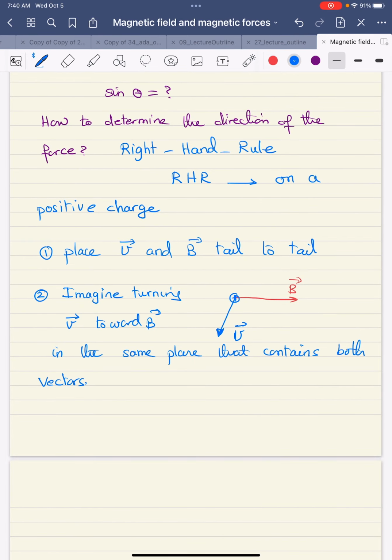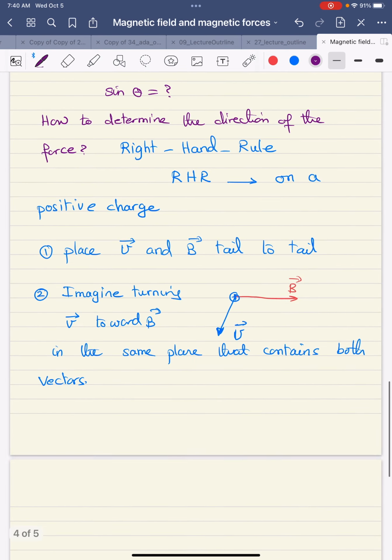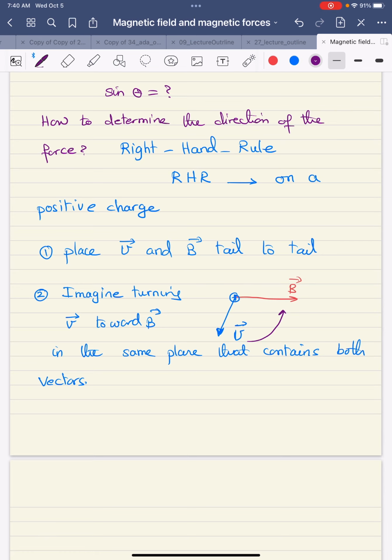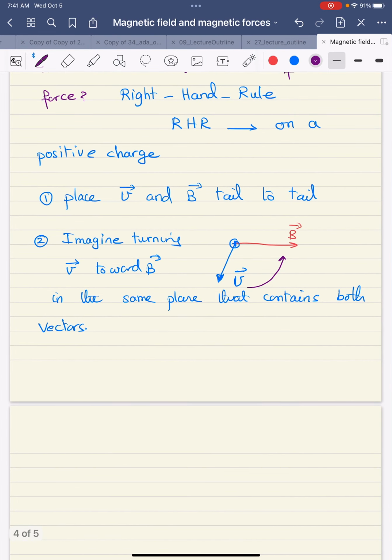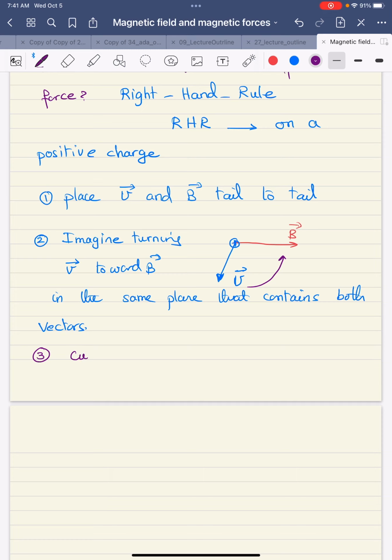All right, then here I'm going to try to rotate that vector into this direction. Now it comes here, really the right hand rule: curl the fingers of your right hand around this line.